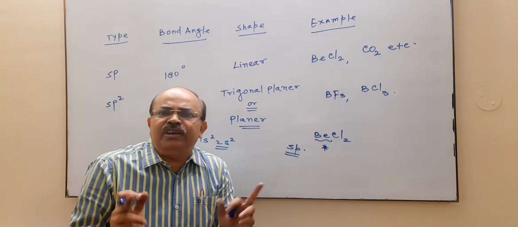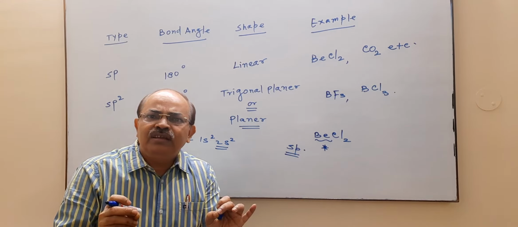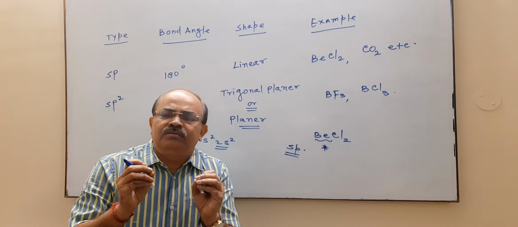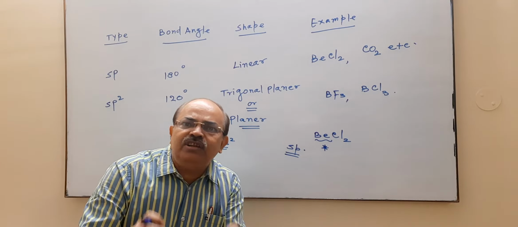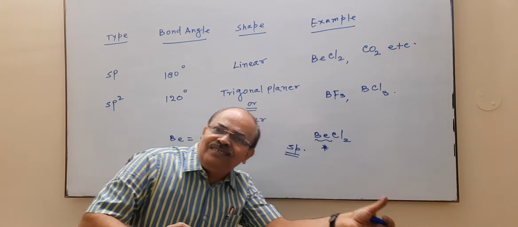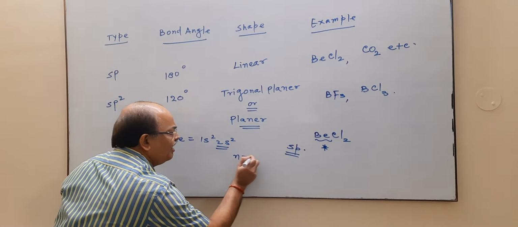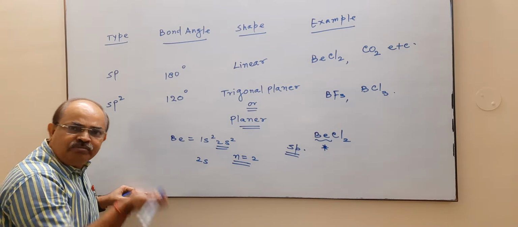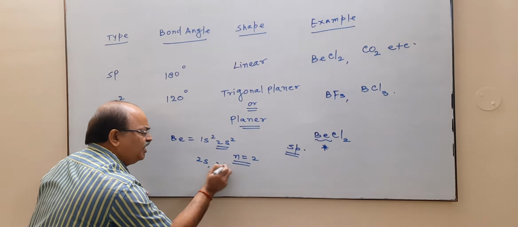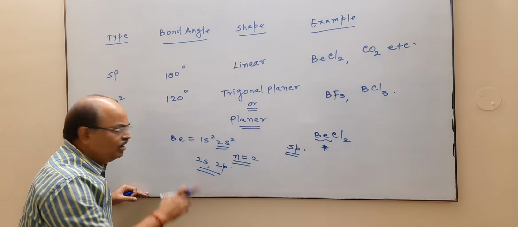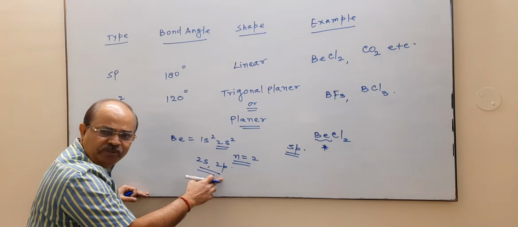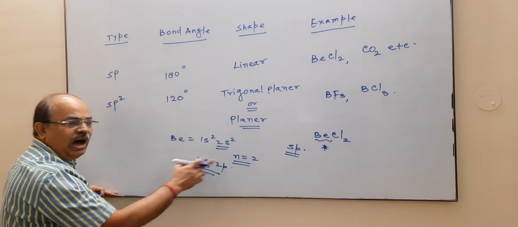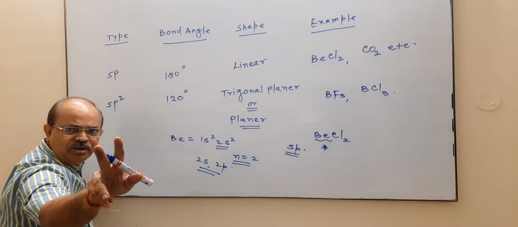In hybridization, only the orbitals of the outermost shell are involved. What is the outermost shell here? The second shell is outermost. So you might say only 2s, but along with 2p we will discuss in detail further. 2s is filled and 2p is vacant, so they will intermix to give how many hybrid orbitals? 2 hybrid orbitals.